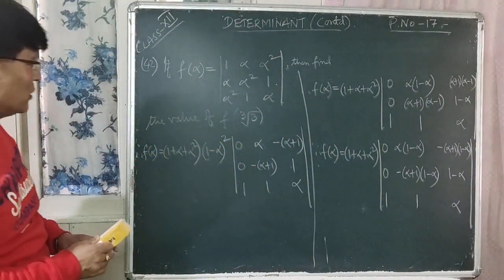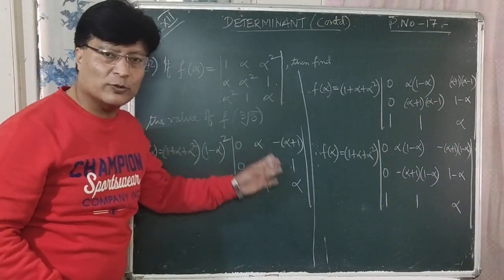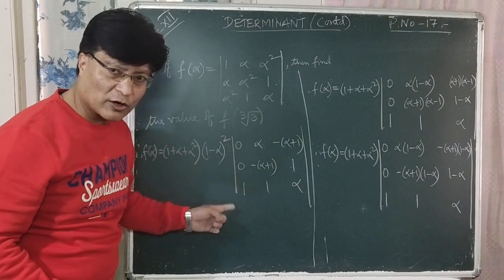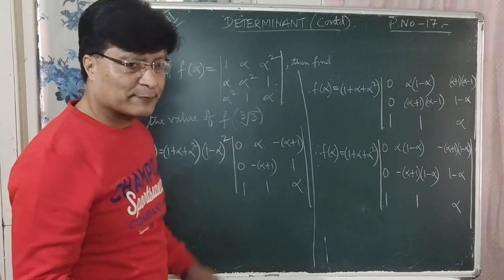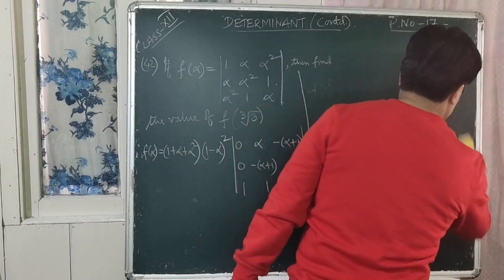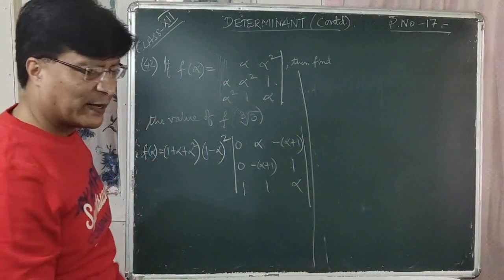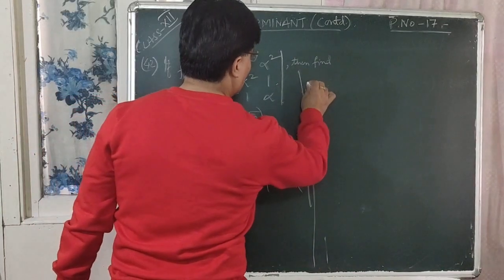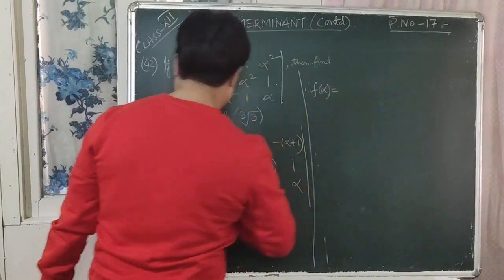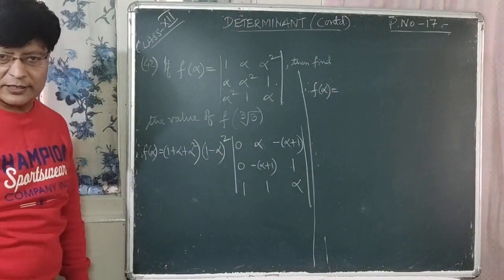So now, you can expand this determinant with respect to the first column because there are 2 zeros in the first column, right? So let us expand it. So now what is the method for expanding it? So f of alpha is equal to, what are the first factors here?